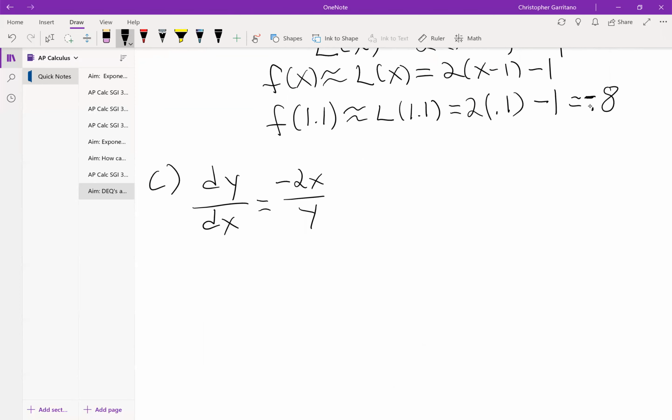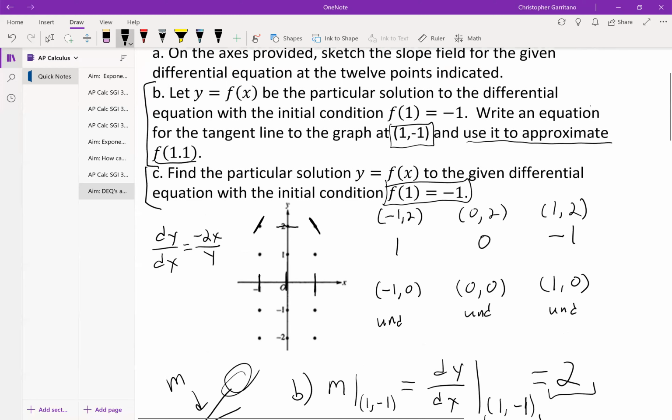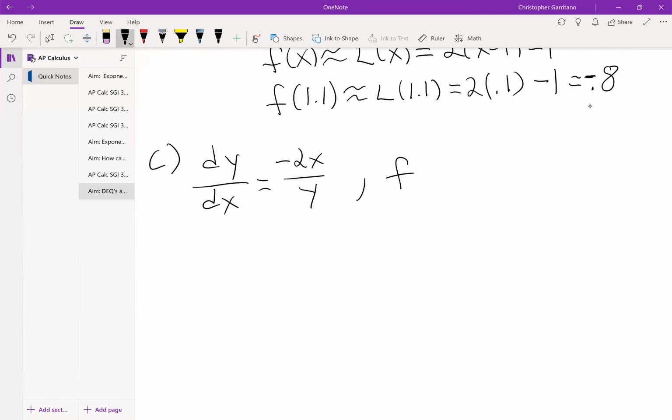And I'm told that f of 1 equals negative 1.